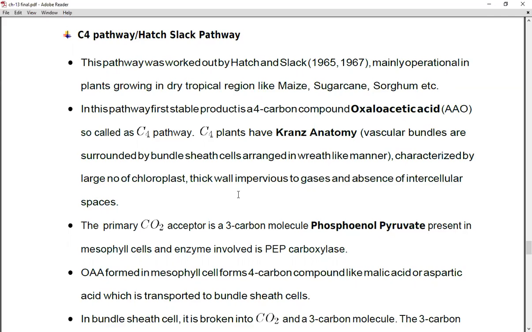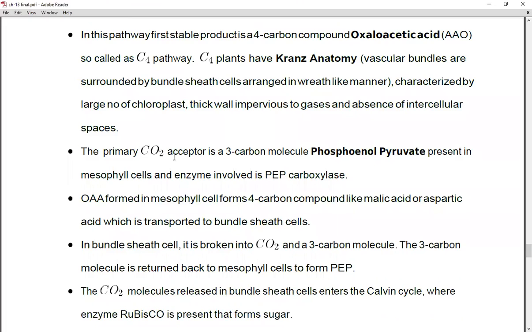Now, the primary carbon dioxide acceptor, that is the CO2 acceptor, is a 3-carbon molecule, phosphoenol pyruvate. So the first one to accept the CO2 is phosphoenol pyruvate, and it is present in the mesophyll cell. In the C4 pathway, you are going to see 2 types of cells: the first is the bundle sheath cell and the second is the mesophyll cell.